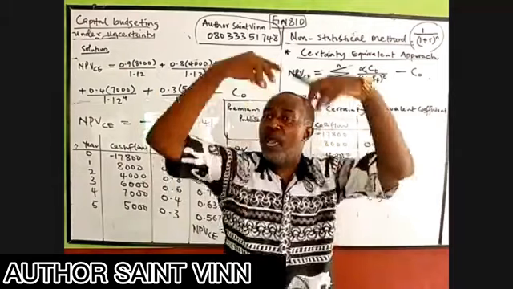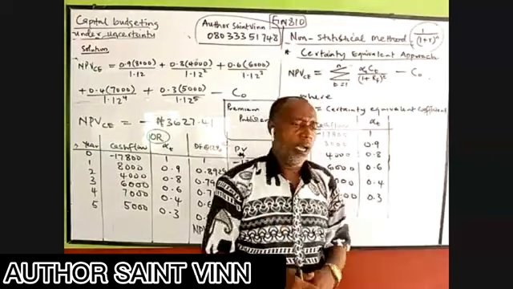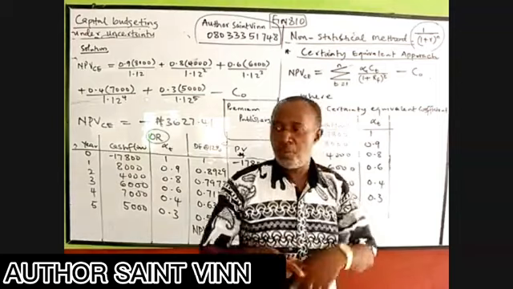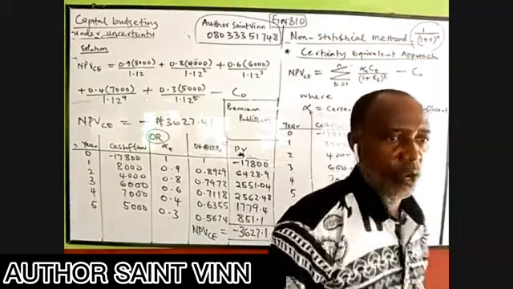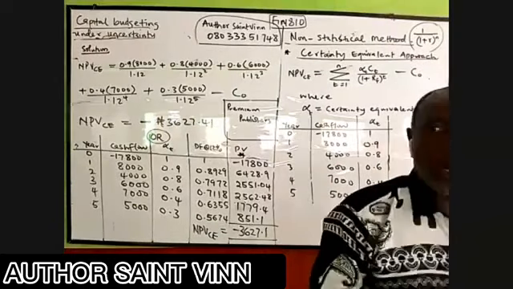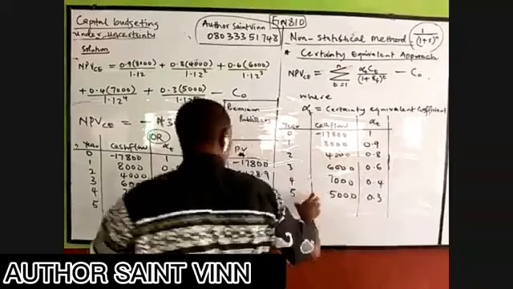That one also uses NPV, but we can't do that today because it's almost time, so that other lecturers can also take over the platform. On that note, the two methods we have applied, this one.